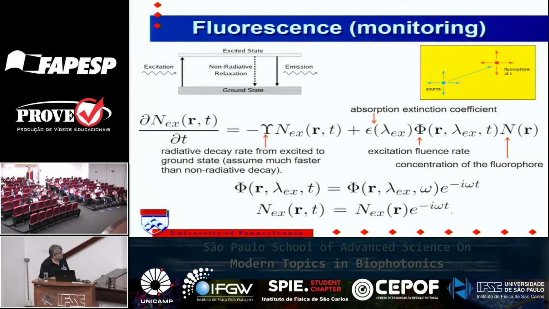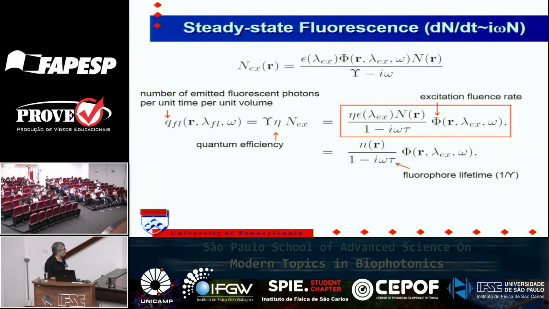Then you can solve this, and there's a very simple result that I wanted to show you: the number of fluorescent photons emitted at a particular position r is related to the concentration of the molecules at that position, the excitation photon fluence rate at that position, and also this relaxation time, the lifetime of the state.